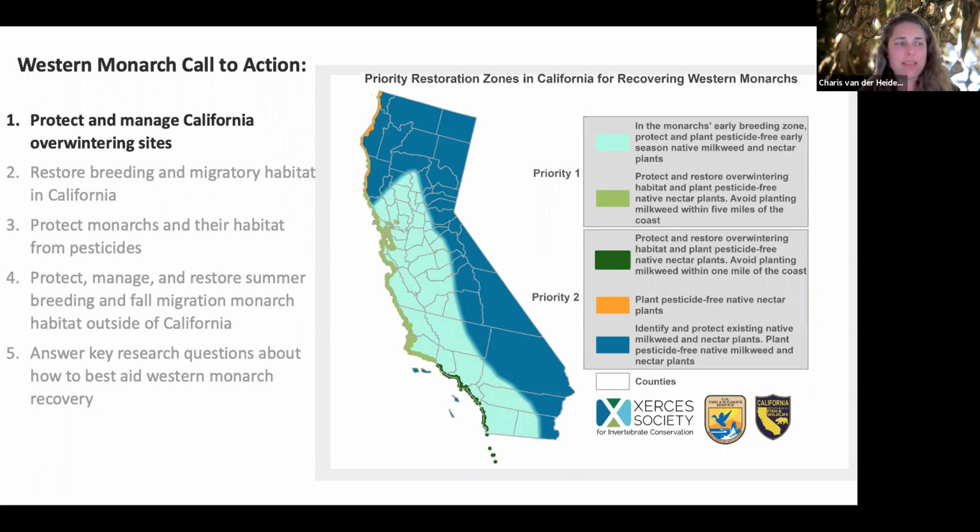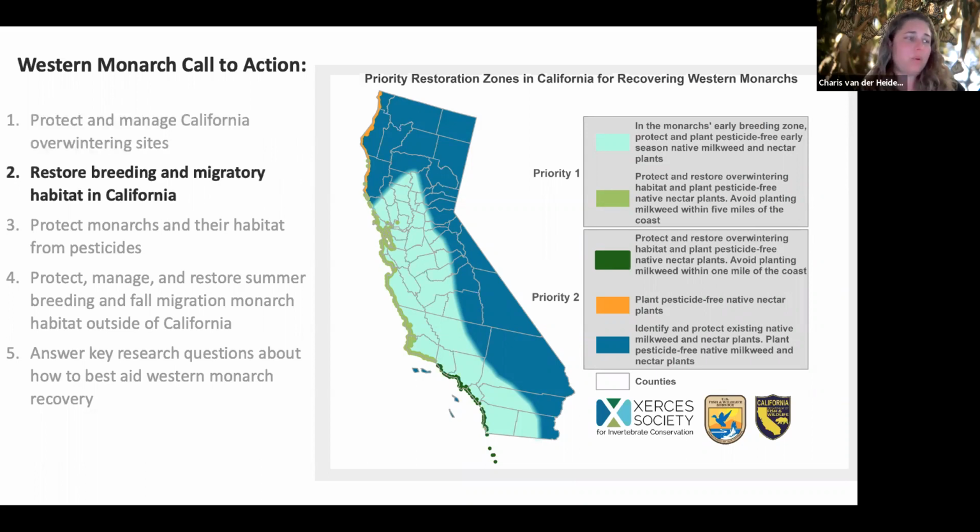So that means that protecting these sites will become more challenging without the presence of monarchs to prove that these sites are important, or even to prove that it is a site or it was a site. So our historical records are going to become much more valuable, but it's just going to become harder to define new overwintering habitat and protect that.